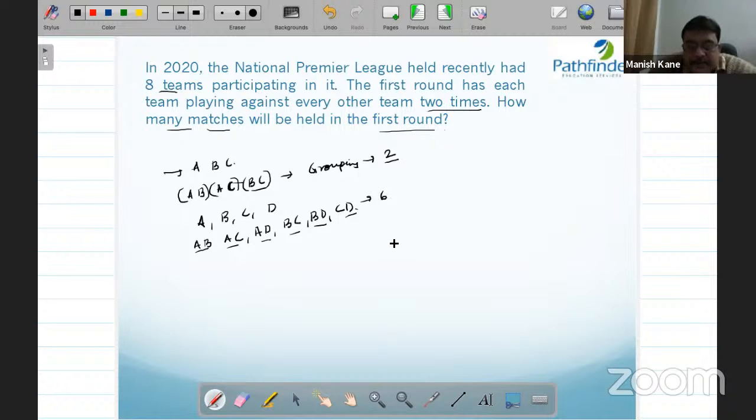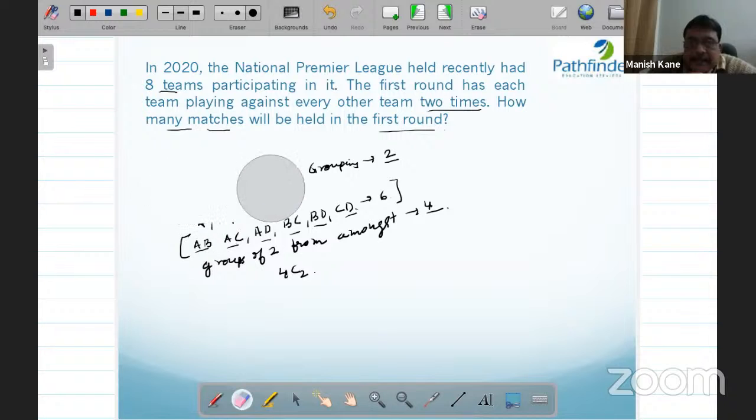These are 6 matches. But these are also groups of 2 from amongst 4. So it is analogous to saying we are selecting 2 people from 4. Your answer must be 4C2.